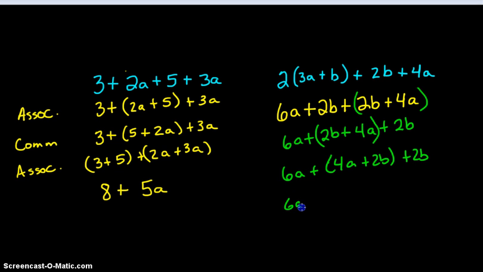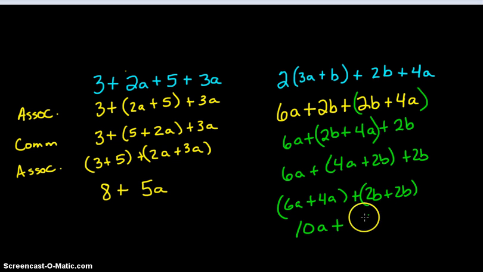And now I can add 6a plus 4a, because I have them next to each other, plus 2b plus 2b, and they can be combined because they have b. It ends up being 6a plus 4a, 10a, plus 2b plus 2b is 4b. Okay, so we're going to use these properties, and right now it might be a little confusing, but when we get to the end, hopefully we'll be able to better understand.